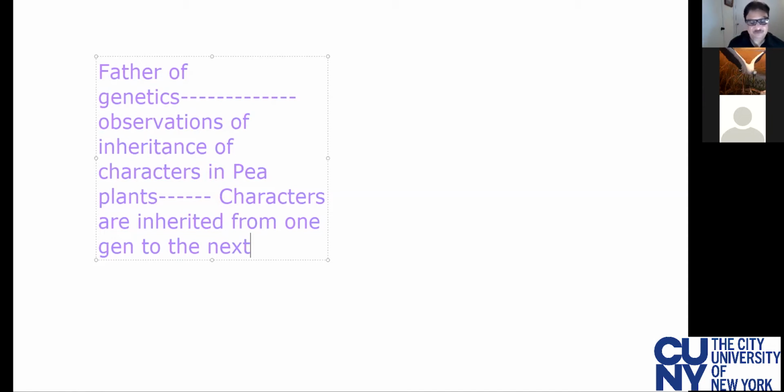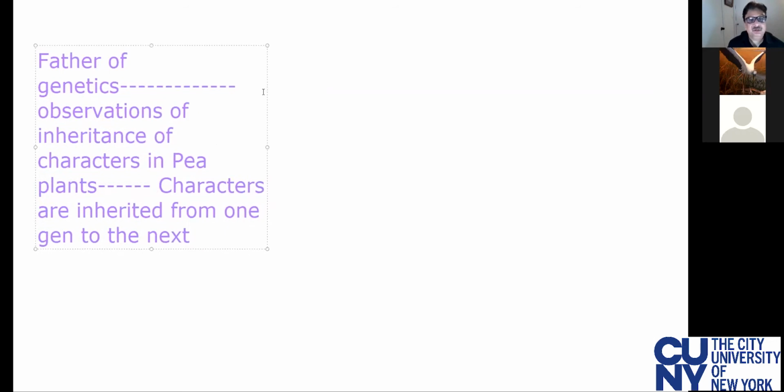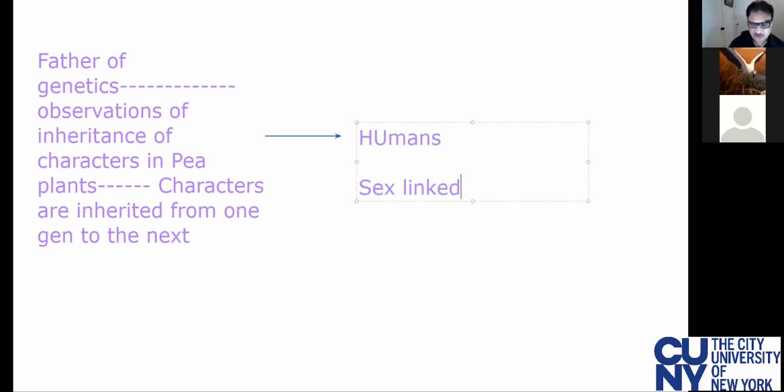But why he became the father is because his work on the pea plant was so strong, so solid, that we can explain some of the genetic diseases in humans also. For example, sex-linked disease like color blindness, which is a major problem. If a person is colorblind, he cannot distinguish between different colors.